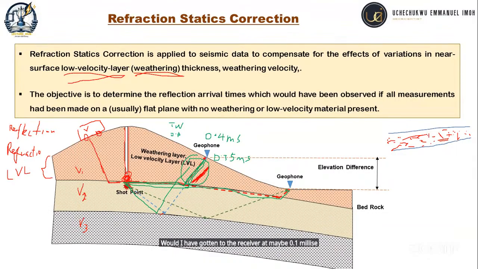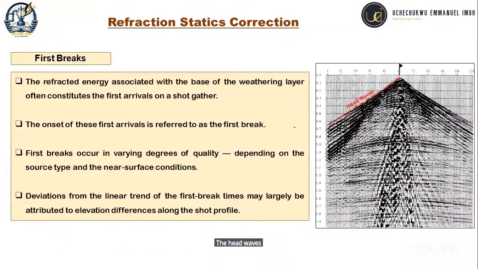So the first thing you see on your seismic data is the refracted waves, what we call the head waves. We either call them the head waves or the first breaks.